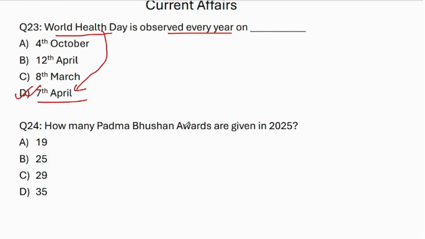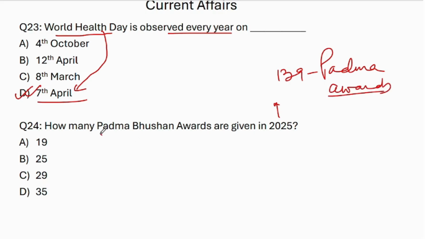How many Padma Bhushan awards are given in 2025? So you must be knowing that there are total 139 Padma awards given in 2025. Out of that, Padma Bhushan are 19.